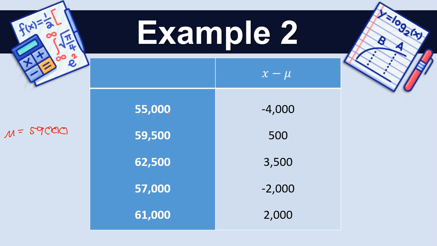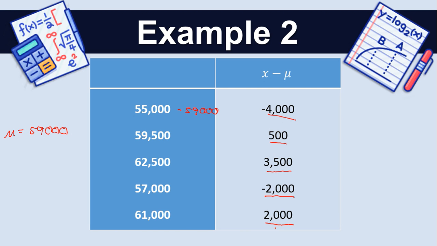So 55,000 minus 59,000, we have negative 4,000. And then meron tayong 500 for the second data, 3,500 for the third, negative 2,000 for the fourth data, and then for the fifth data, we have positive 2,000.